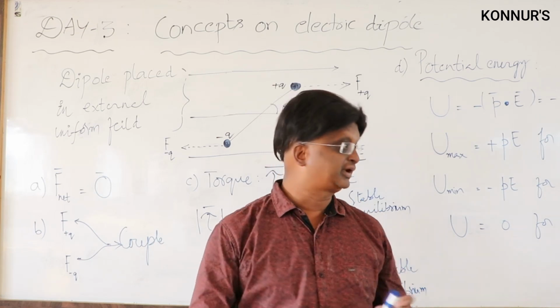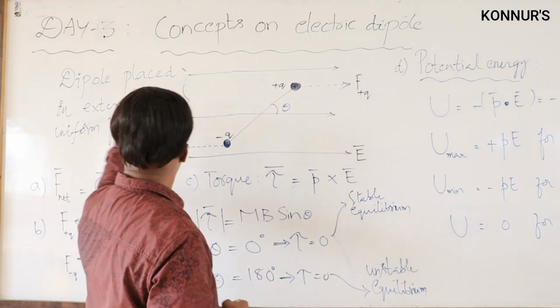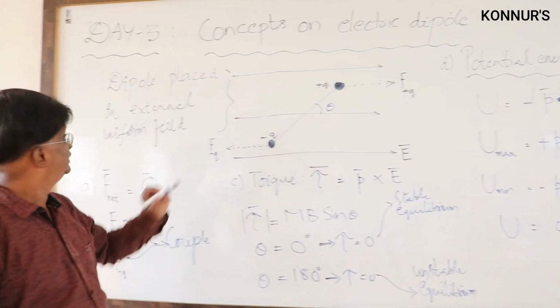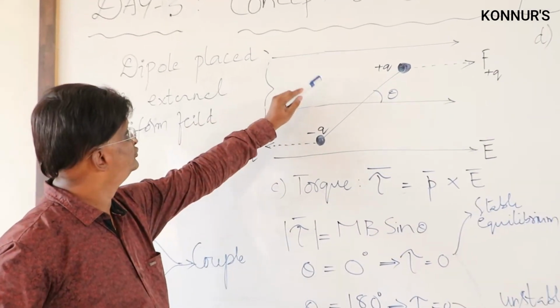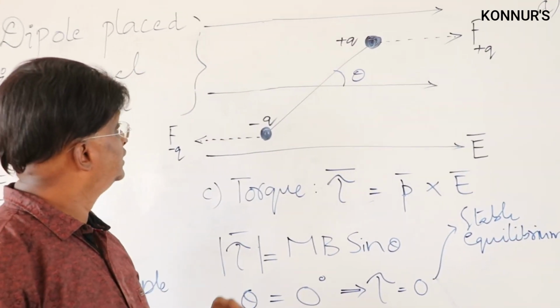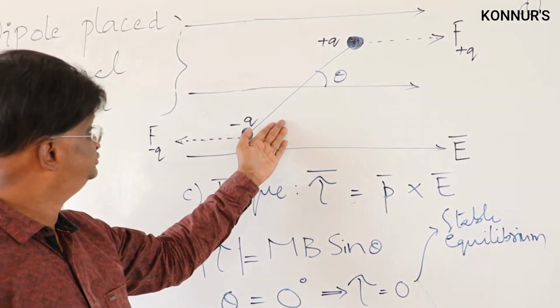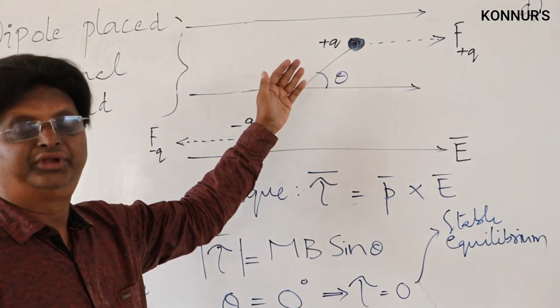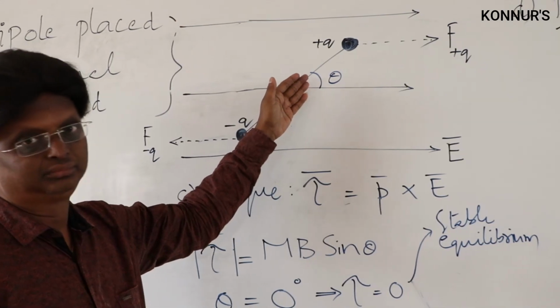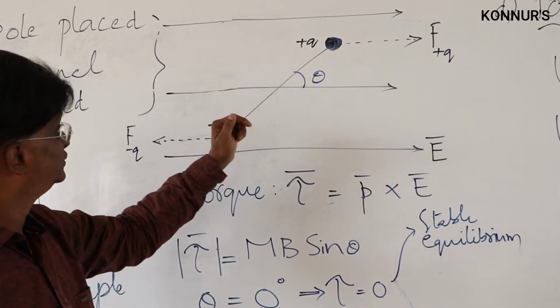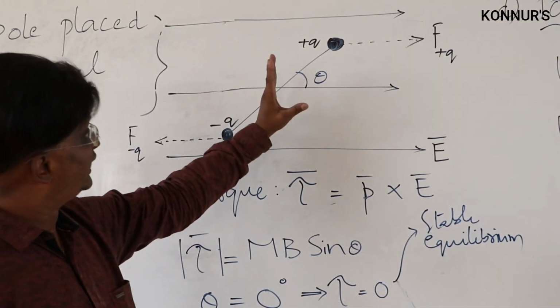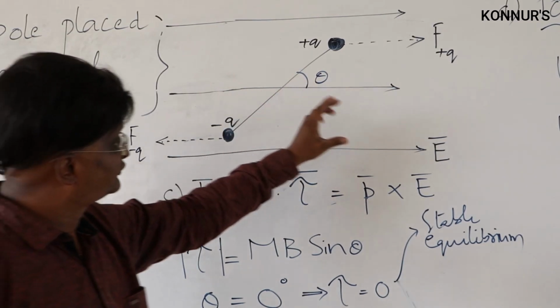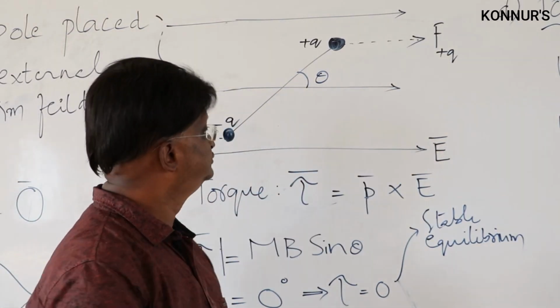Now, it is the case of a dipole placed in an external uniform field. So this is a dipole whose dipole moment is P bar, placed in an external uniform electric field of intensity E bar.